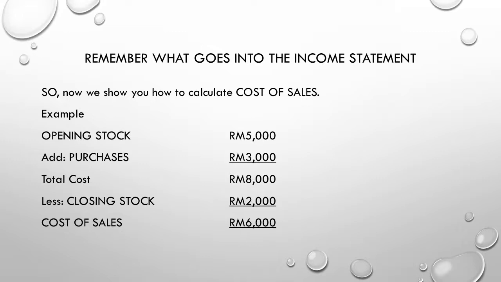The closing stock, because you need to know how much you have sold. The easiest is to check your closing stock. So you check your closing stock and you discover you still have 2,000 balance. So your cost of sales is 6,000, or in other words, the amount of items that you have already sold is 6,000.